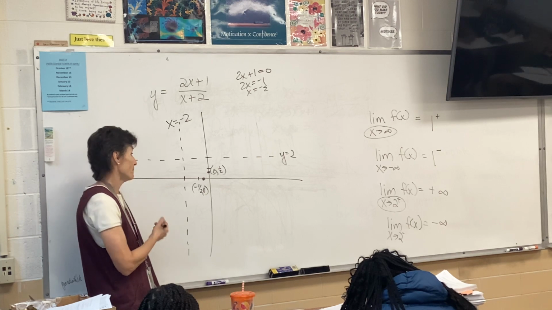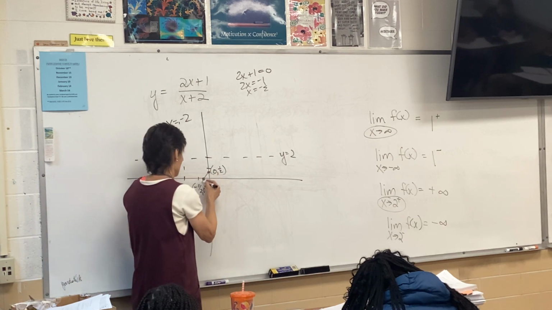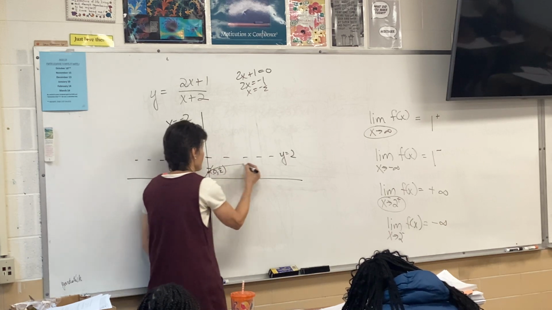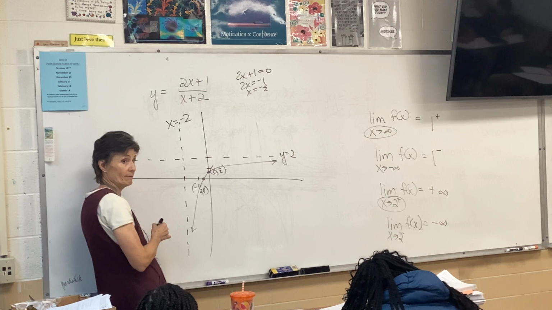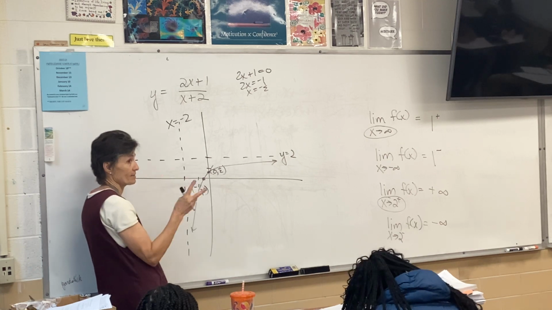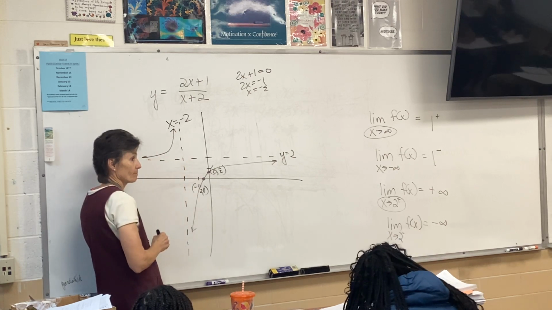There's no holes, so I'm done. I gotta graph it now. I gotta sketch it in. What do you think? Are you good with that? And what's the other half look like? Remember, there's 2 pieces to this graph. Yep, it's up here like this. Perfect.